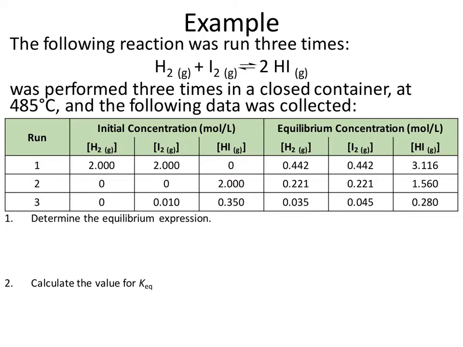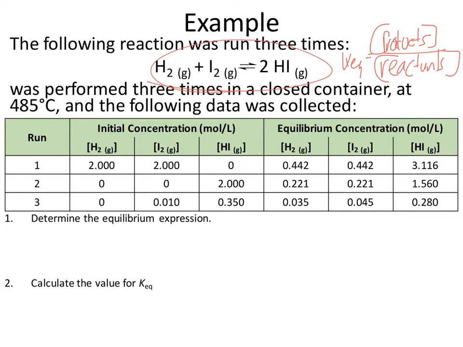So first of all, let's determine the equilibrium expression for this reaction right over here. So remember that K equilibrium is equal to the concentrations of our products over the concentration of our reactants. We just put that in square brackets.